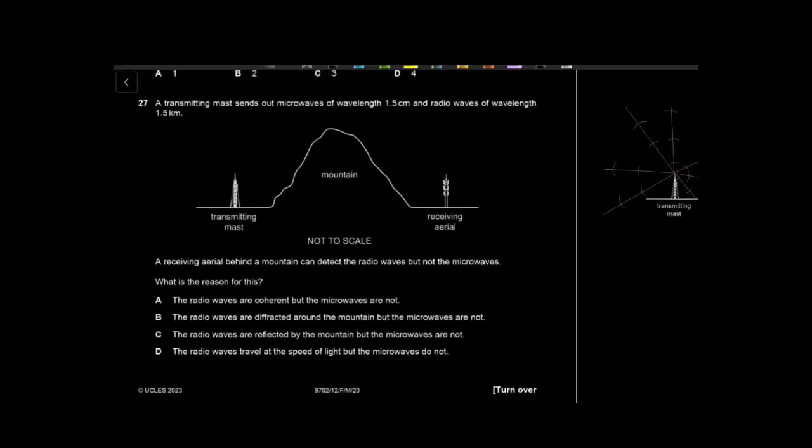We have learned that when a wave strikes a sharp corner, it gets diffracted from its original path. So if a wave is transmitted from this transmitting mast and encounters a sharp edge here, the wave is supposed to move in this direction, but it gets diffracted here.